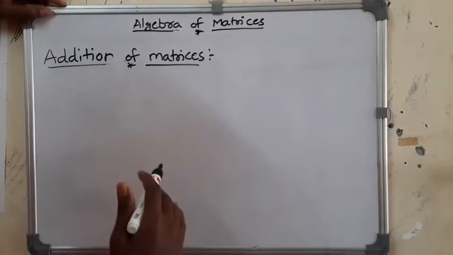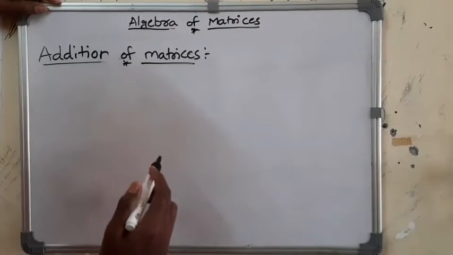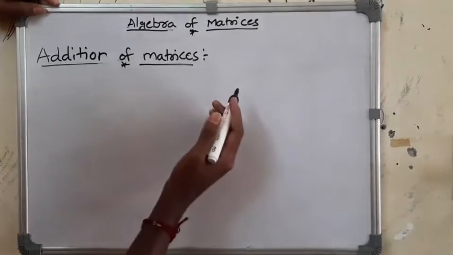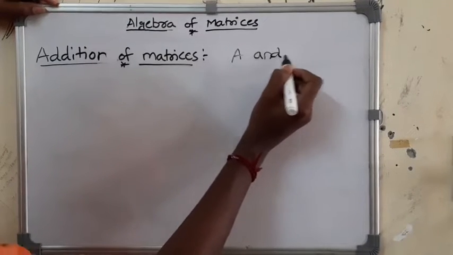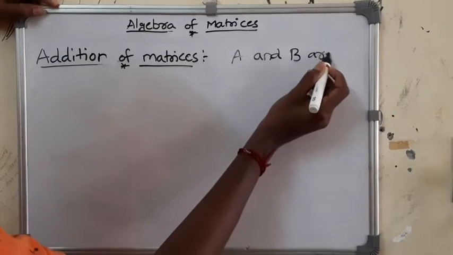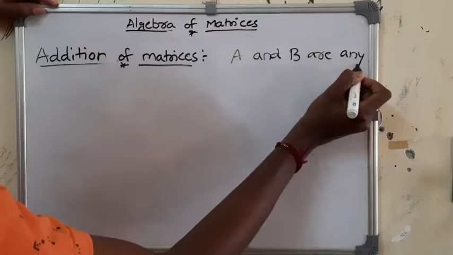So now we perform some operations on matrices. First of all, we see the addition of matrices. Let A and B be any two matrices.